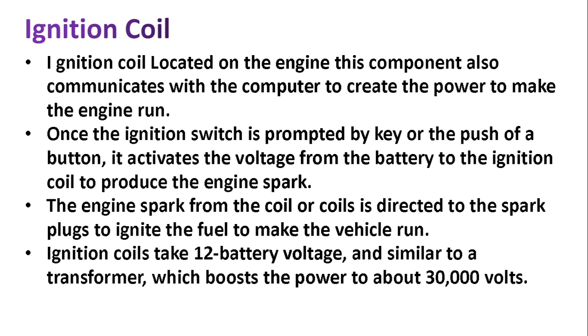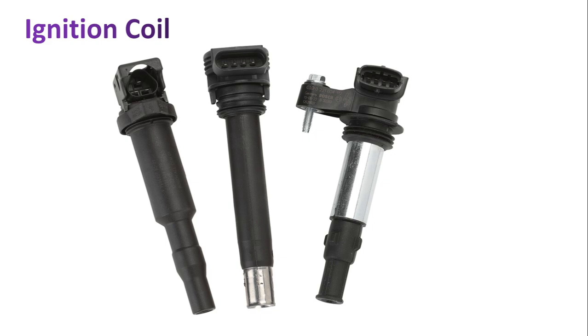In the next slide, here you can see this is the device, called the ignition coil. At the top side, here is the mating side of the connector. These are the terminals. This is the 3 terminal ignition coil, this is the 4 terminal ignition coil, right?